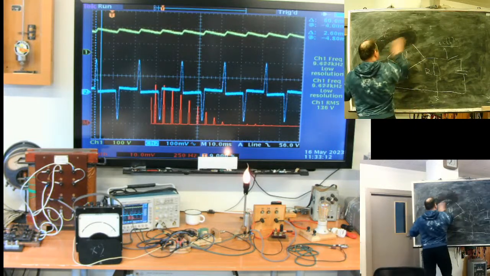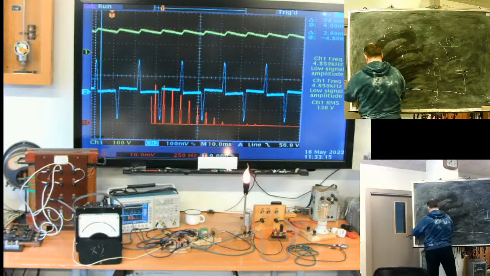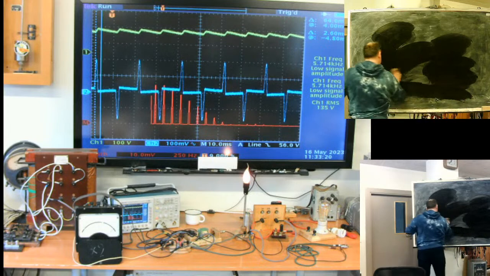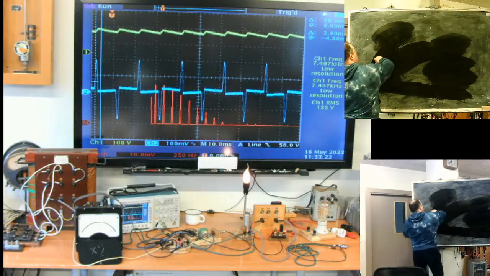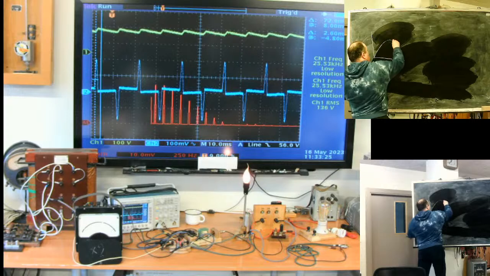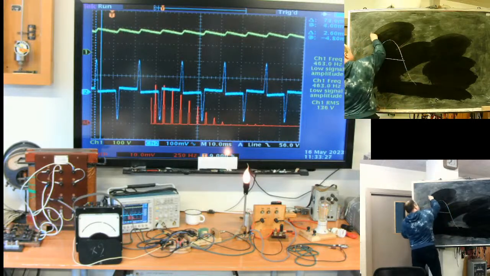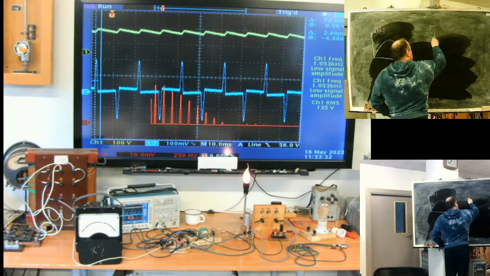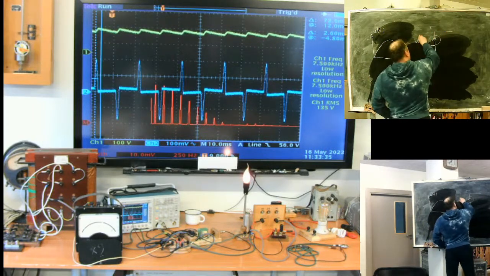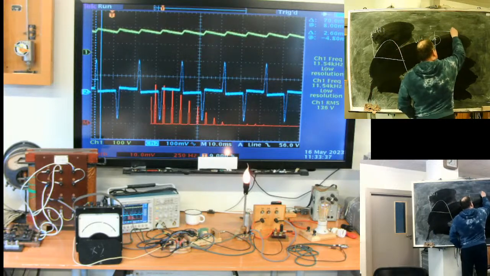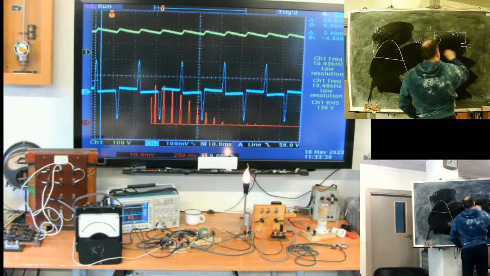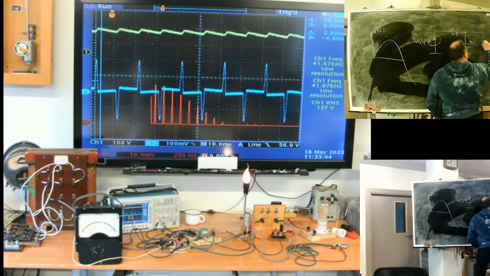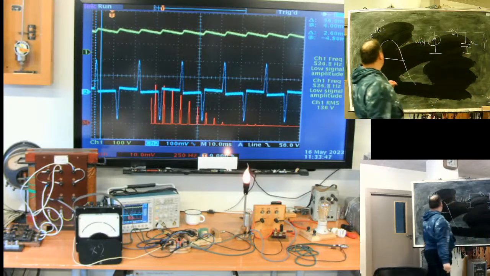It's a very simple model: the voltage of the network going up, you have a capacitor and some load. It's not important.